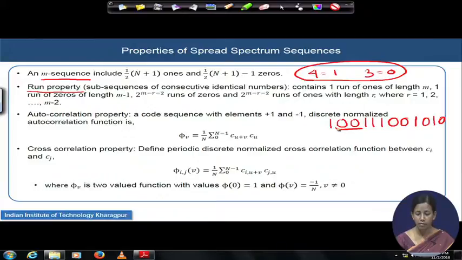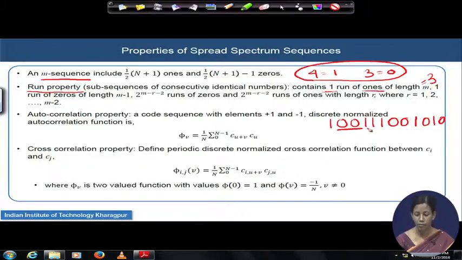For the run property, if it is an ML sequence, it will contain at least one run of ones of length small m. What is the meaning? If I have 3 stages, in the whole generated sequence you will get at least one run of value 1 whose length is equal to 3.